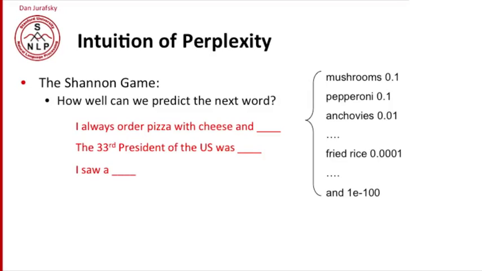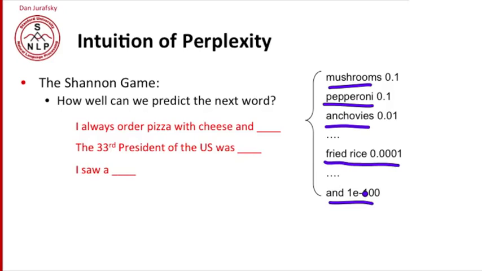From this first sentence, we might say, well, a good language model might guess that we are likely to have mushrooms and likely to have pepperoni and maybe less likely to have anchovies because anchovies are somewhat less popular than mushrooms, and very unlikely to put fried rice on our pizza, and extremely unlikely, let's say, to have 'and', although people, I guess, do say 'and' after the word 'and'. And so how well the model predicts the actual words that occur is how good the model is.